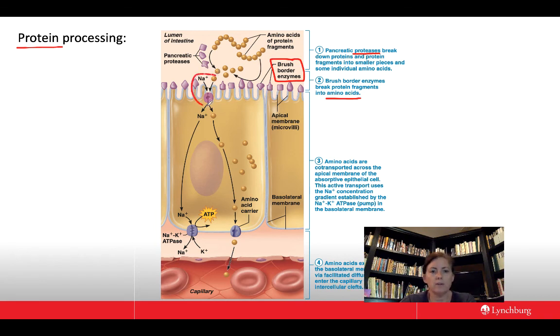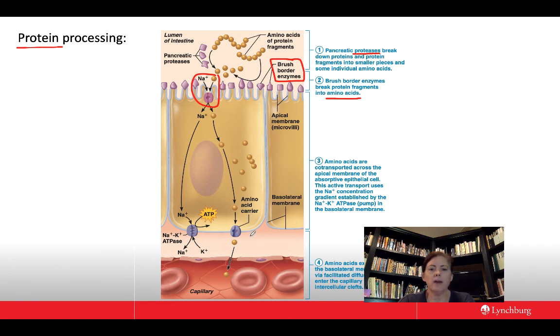We travel here. Those amino acids are going to be co-transported across the apical membrane with sodium. So you see a trend here, right? Sodium is our primary co-transporter in this scenario. And it's basically going to travel across the intestinal cell.